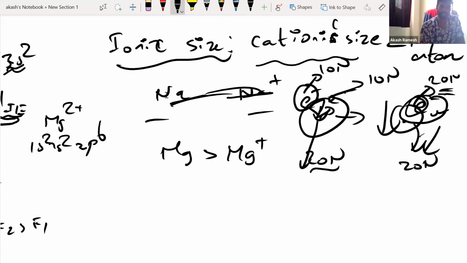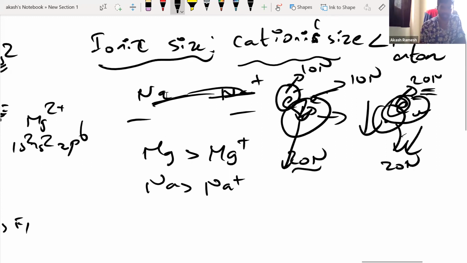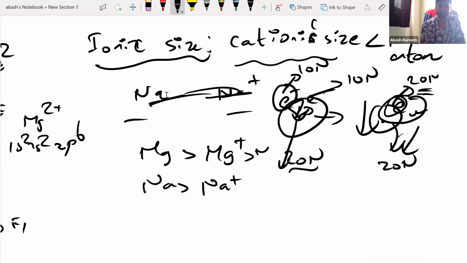Mg will have more size than Mg plus, and Na will have more size than Na plus. The more electrons you remove, the more the size decreases. Mg plus will have more size than Mg2 plus, and Na plus will have more size than Na2 plus. It keeps on going; the more you remove an electron, the more the constriction in the size.